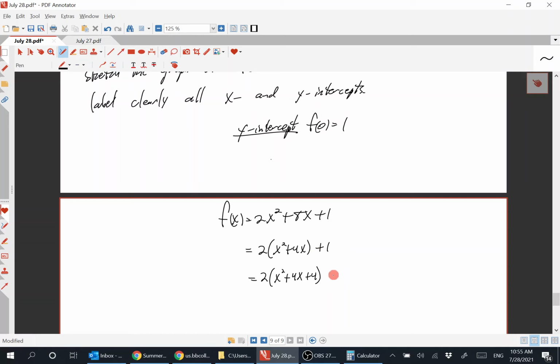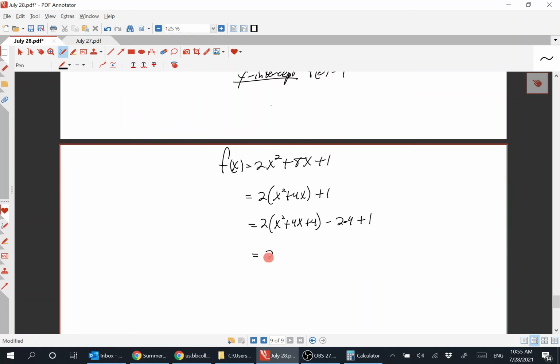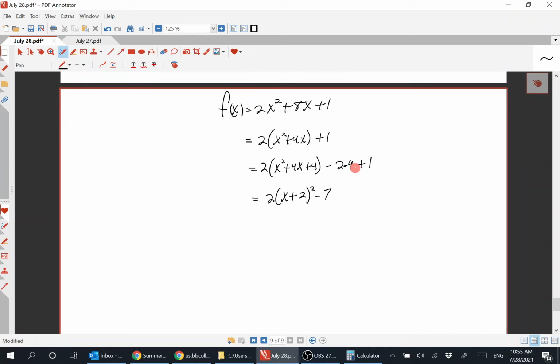Well, it's not 4, it's 2 times 4, because we added a 4 inside here, so it's multiplied by 2. So we subtract 2 times 4 here, plus 1. So we get 2 times (x plus 2) squared, minus 8 plus 1, minus 7. So the vertex is at (h, k), which is (minus 2, minus 7).